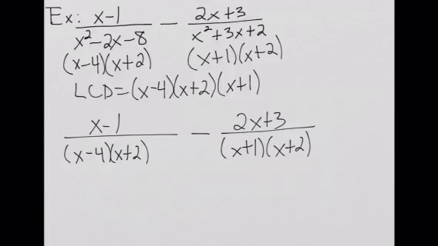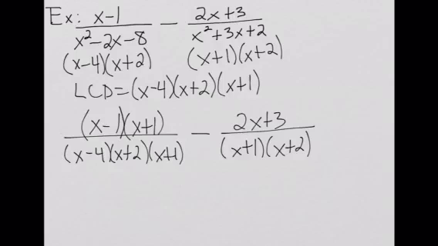Now what we want to see is which factor from the LCD is it missing? If I look at the first one, the x minus 1 over x minus 4, x plus 2, it's missing the x plus 1 on the bottom. So I'm going to multiply it to the bottom, which means I also have to multiply it to the top. And I'm just going to put parentheses around this x minus 1 for clarity.